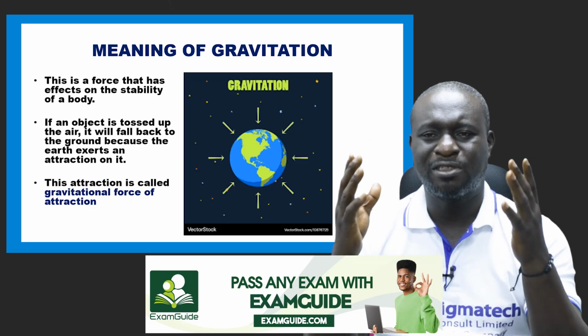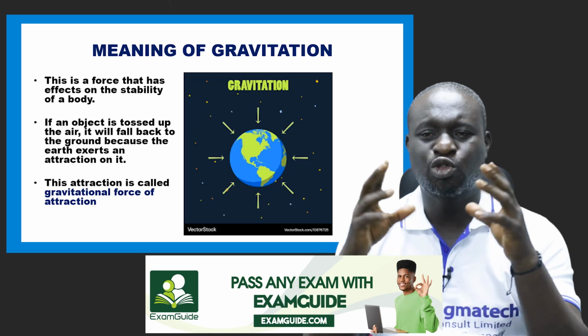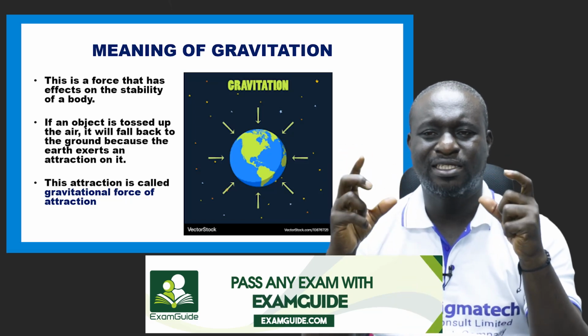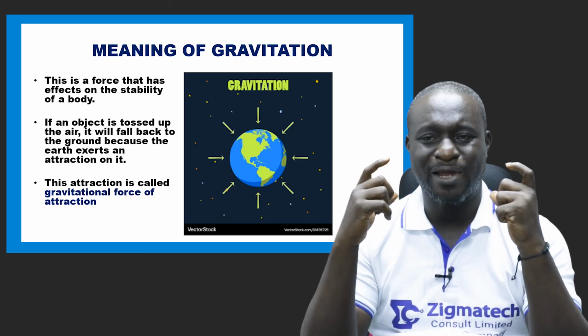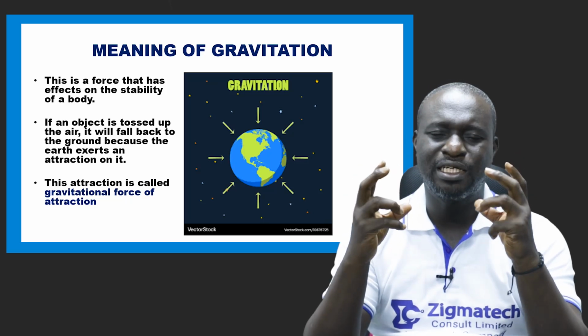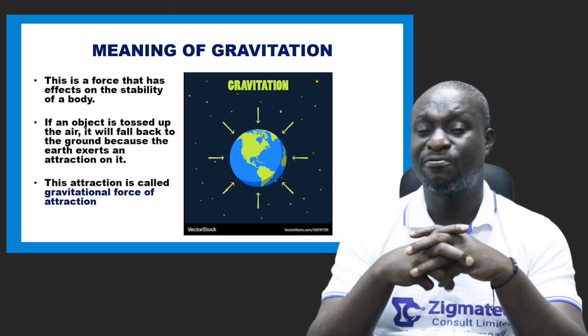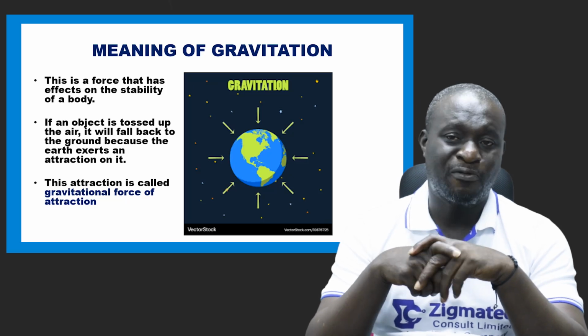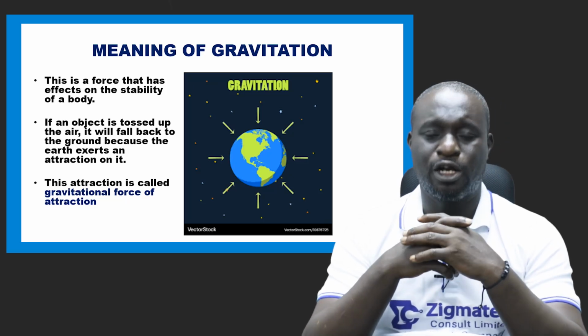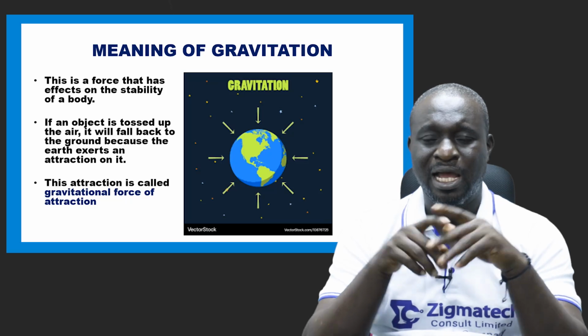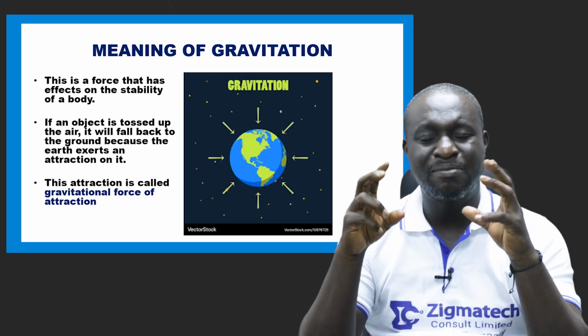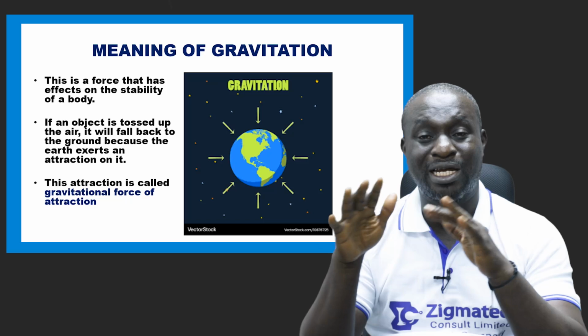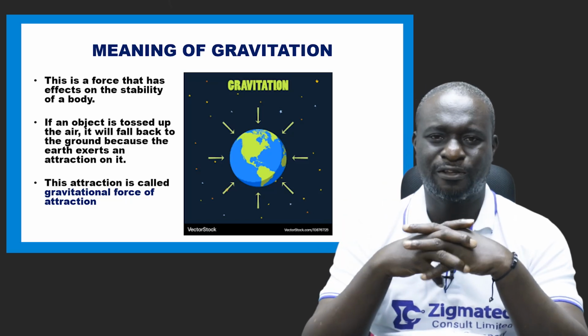Now, gravity or gravitation is actually a force that has effect on the stability of a body. In fact, all objects on earth, both living and non-living, assume stability based on the gravitational effect of the earth. All right.